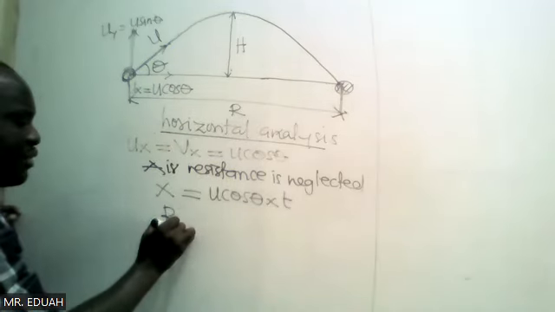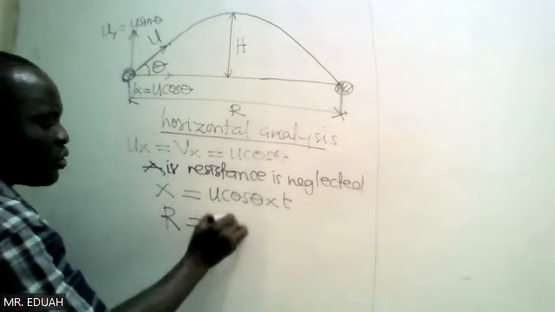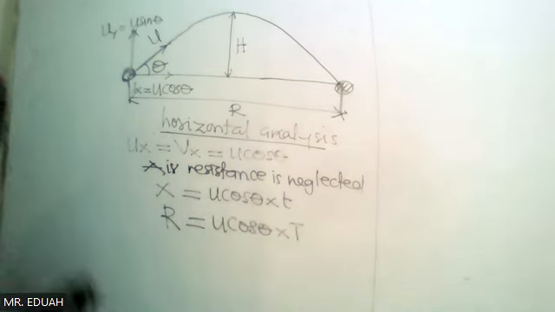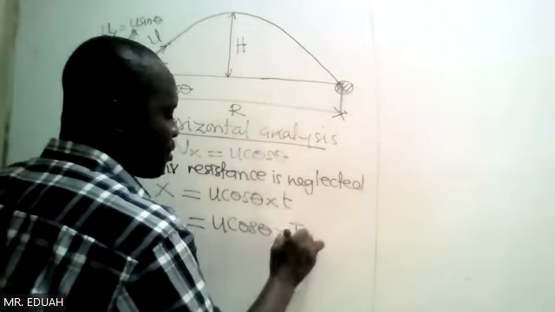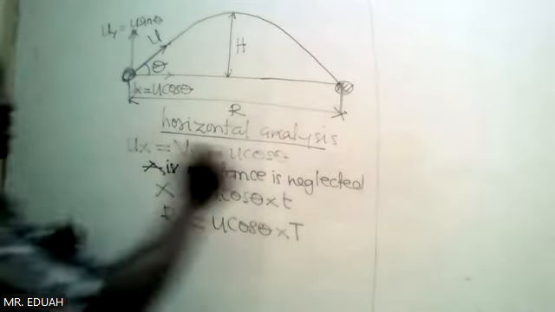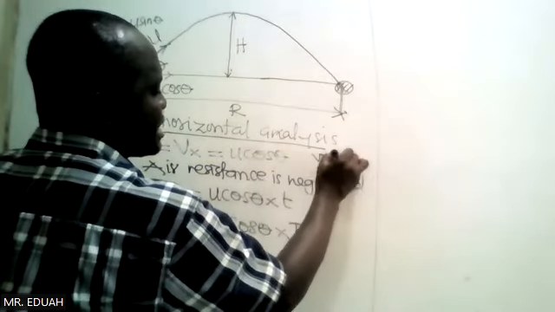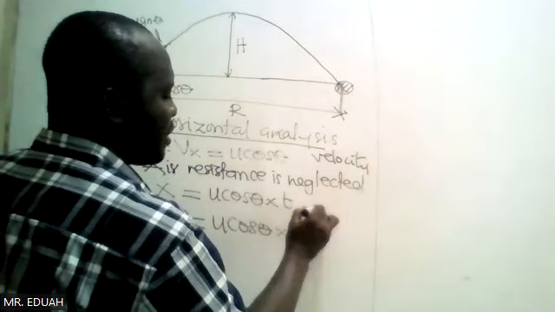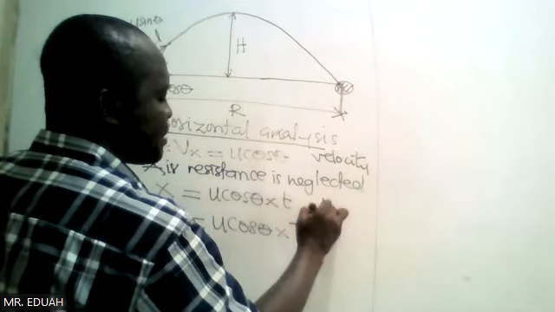So the range is equal to u cos theta times the time of flight, and the time of flight is the total time taken during the complete flight of the body. This is the velocity analysis and the expression for the horizontal displacement.